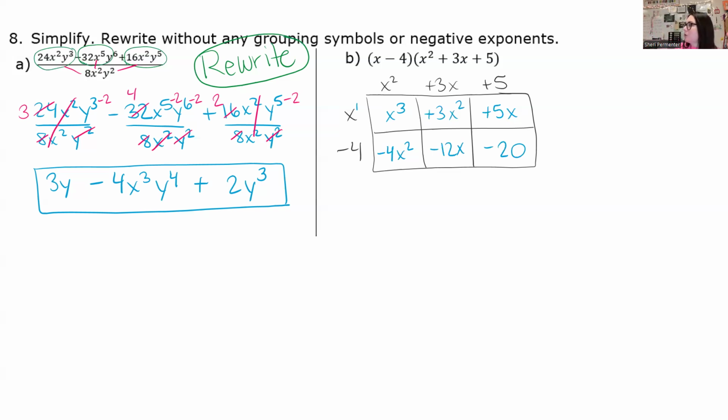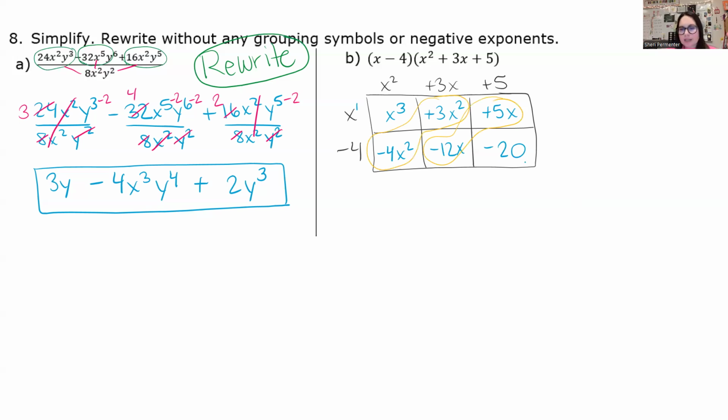That's what's really nice about using the box, it cleans it up for you. So I only have one x to the third term, but look, there are 2 x squared terms and there are 2 x terms. So I will combine anything that is the same. Again, they typically combine diagonally. And there's nothing to combine with the first or the last term.